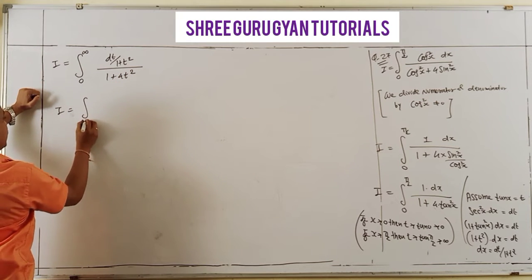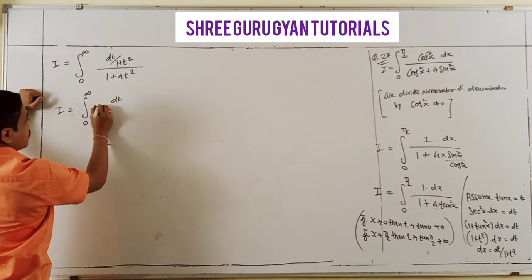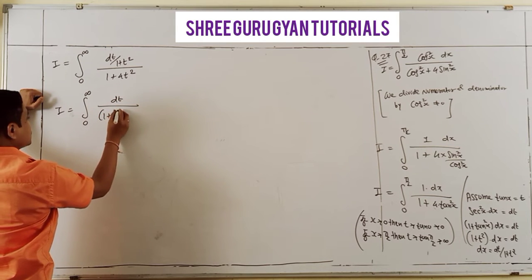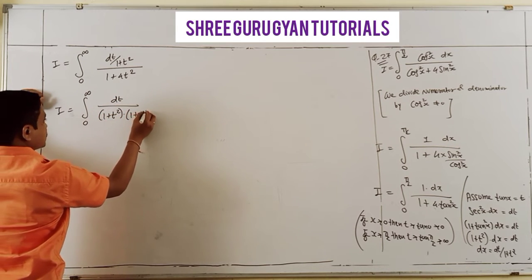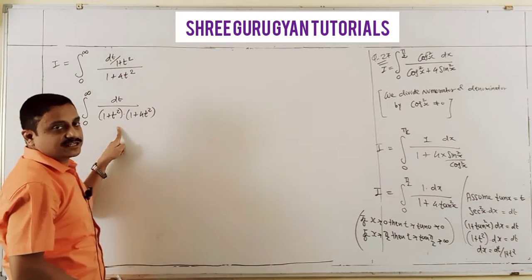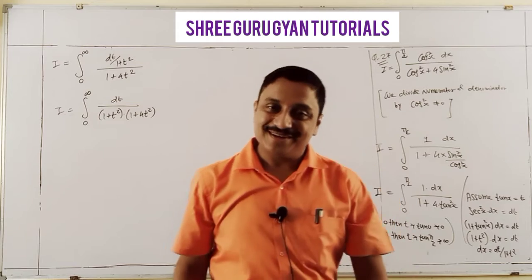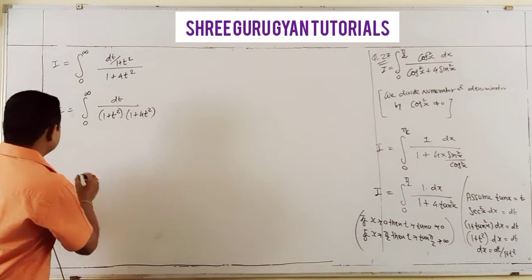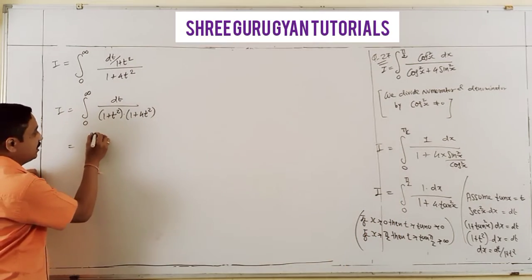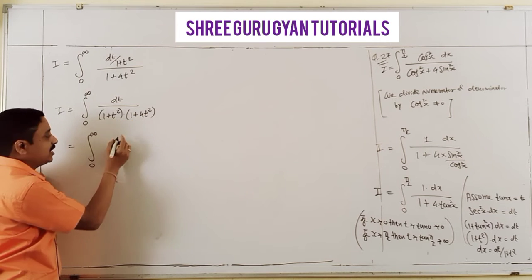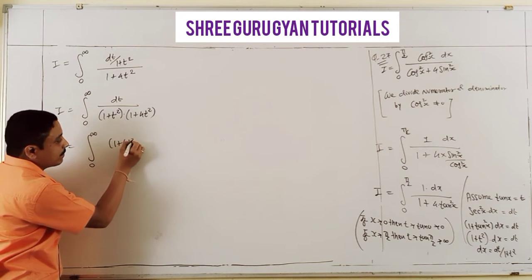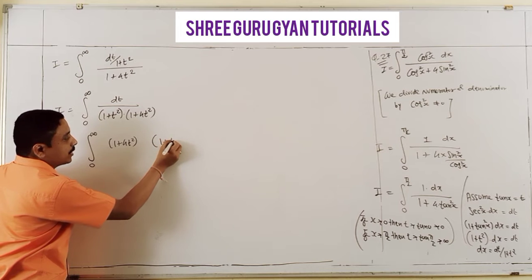So you get only dt by 1 plus t square times 1 plus 4t square, and here there are 2 factors, which by the partial fractions method can be solved. But I will go to a shortcut, don't worry students, I have a shortcut method available. Take 1 plus 4t square and here 1 plus t square.